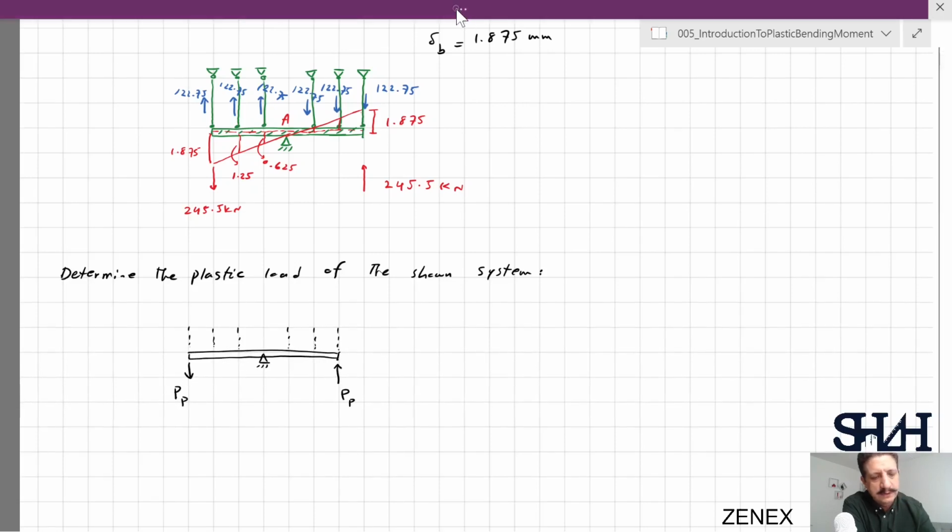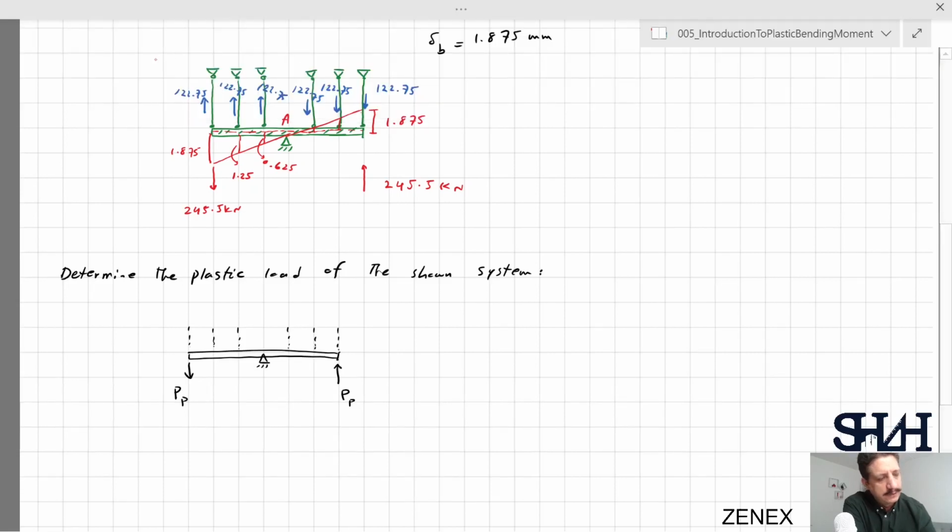So P plastic means that all of the members would become plastic, or in their yield limit.